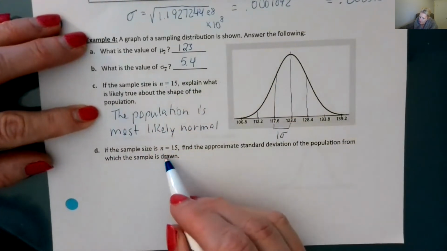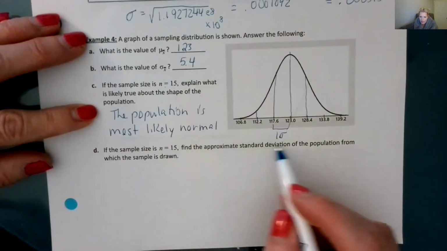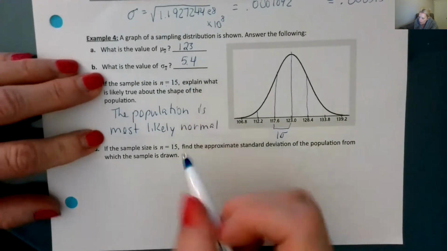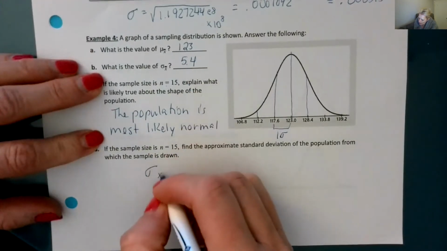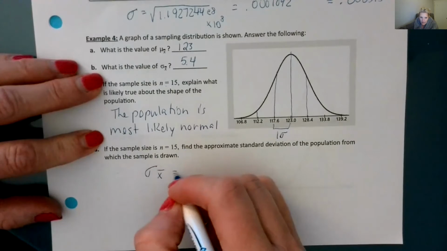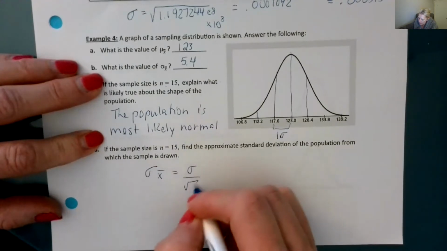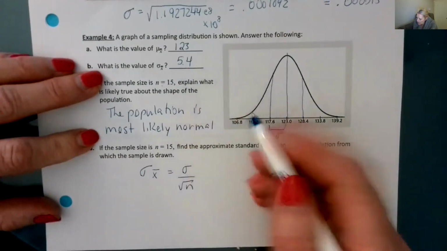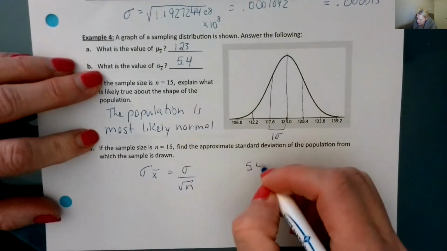If the sample size is n equals 15, find the approximate standard deviation of the population from which the sample is drawn. So we know from the formula given that the standard error is equal to the standard deviation divided by the square root of n. And from this problem, we already know the standard error is 5.4.